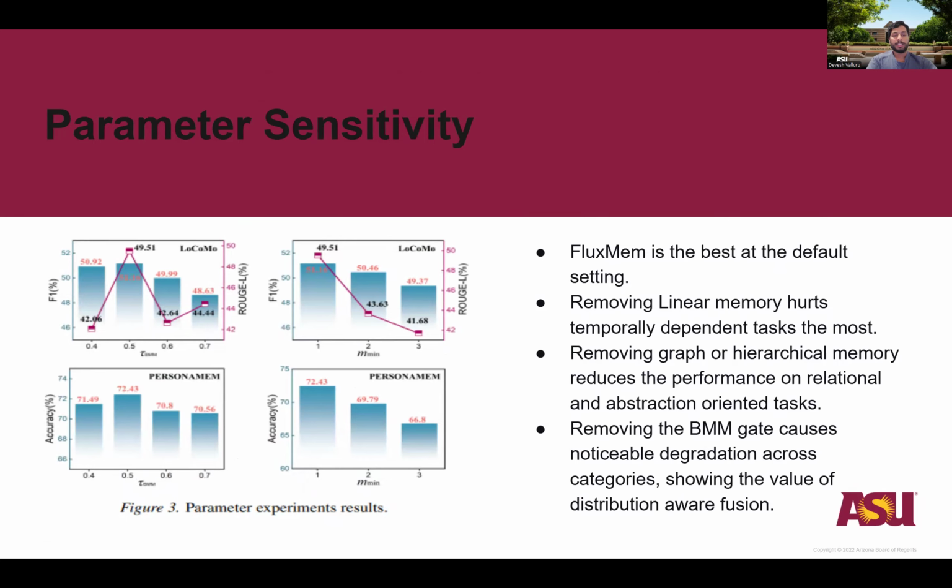They have also done ablation studies where they removed each section, put in a fixed structure, and tuned several parameters to see how that affects the performance. And these are the graphs that we see.